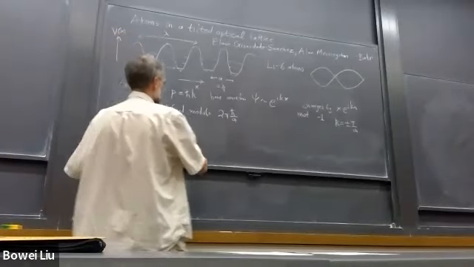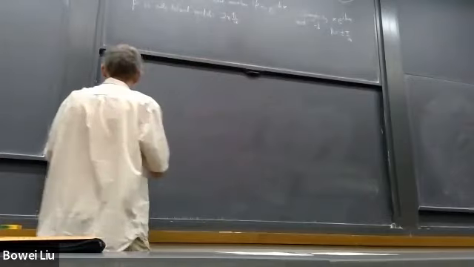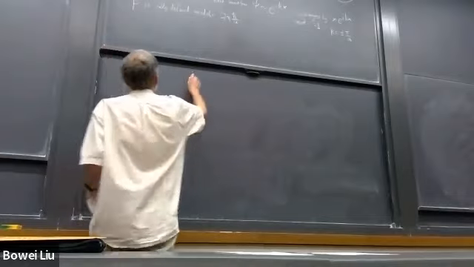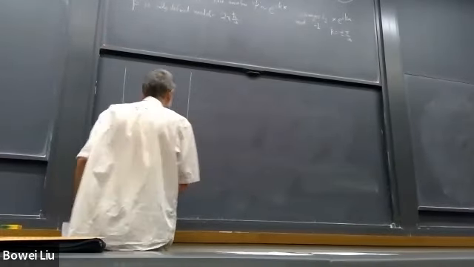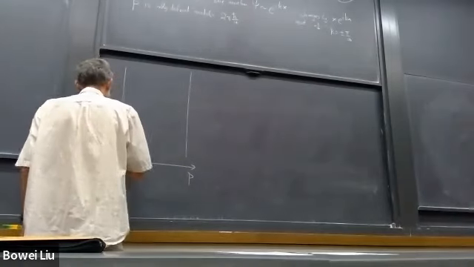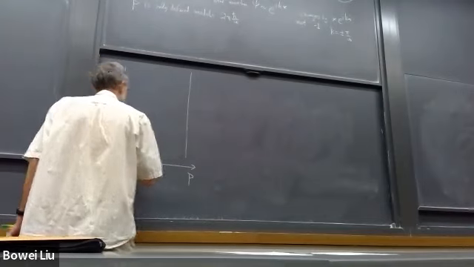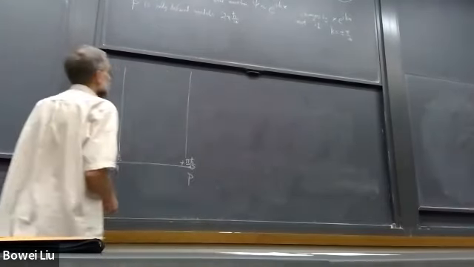And then, somebody just make some room on another board here. So the momentum range is the so-called Brillouin zone, which runs from minus pi h bar over a to plus pi h bar over a.